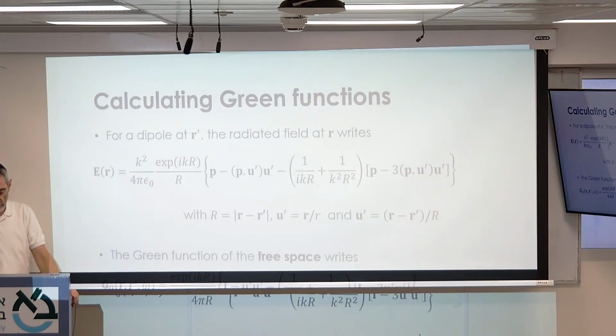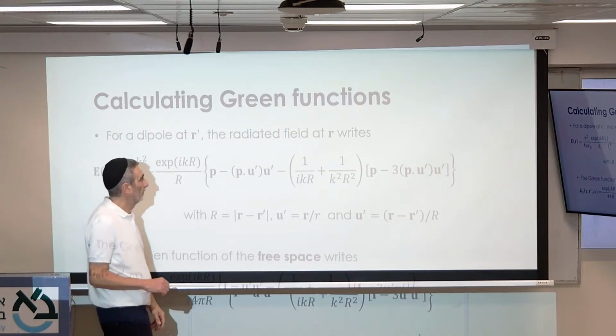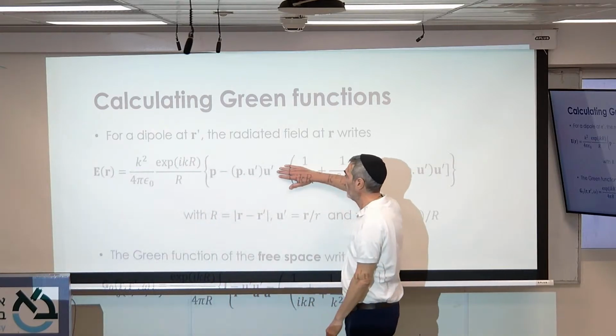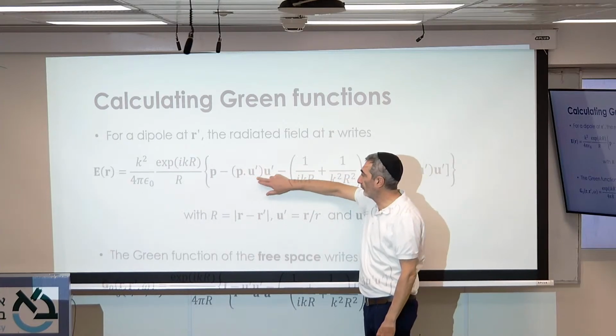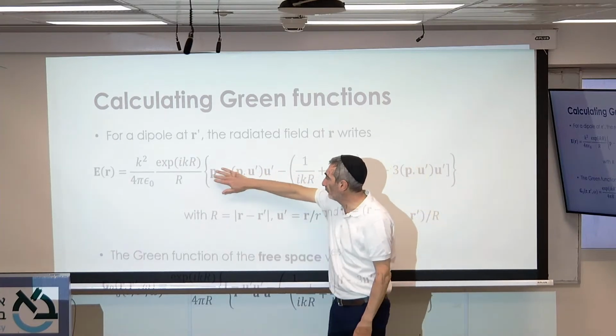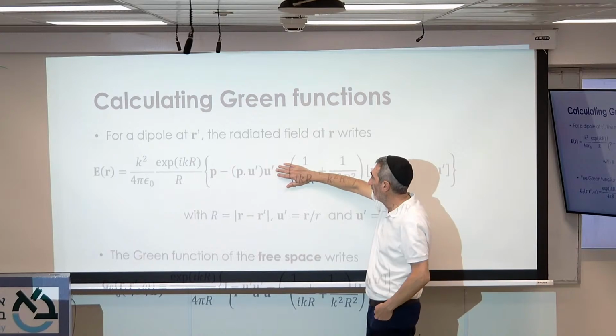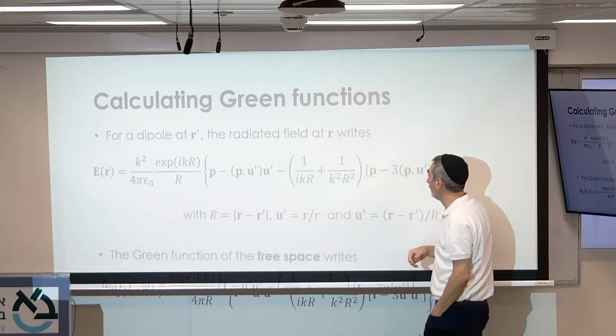So let's try to calculate the green function now. We wrote this expression to the first order, when you have the zero order and the first order. You can go further.